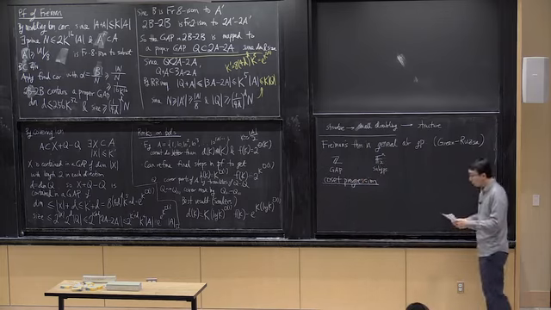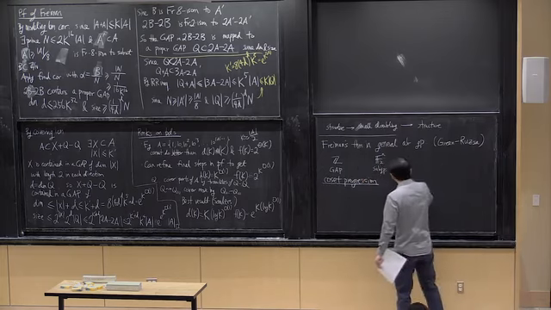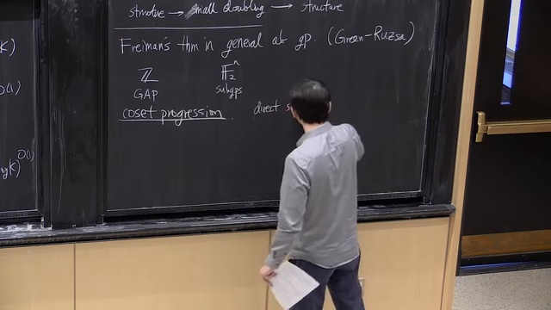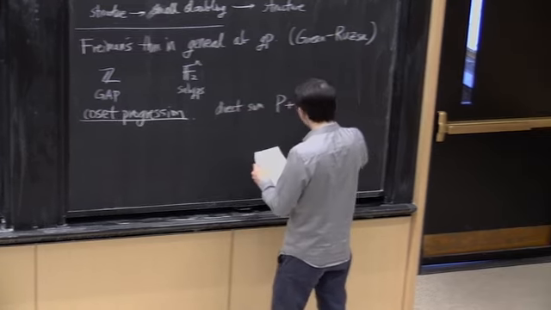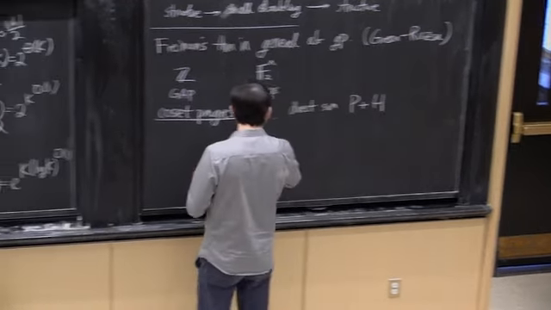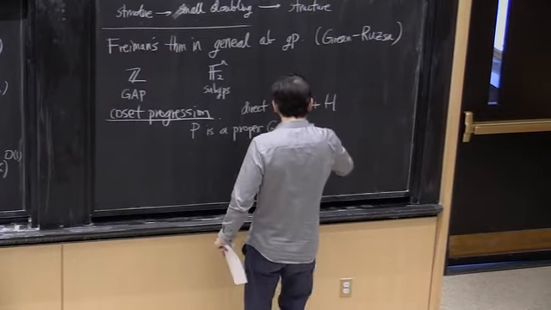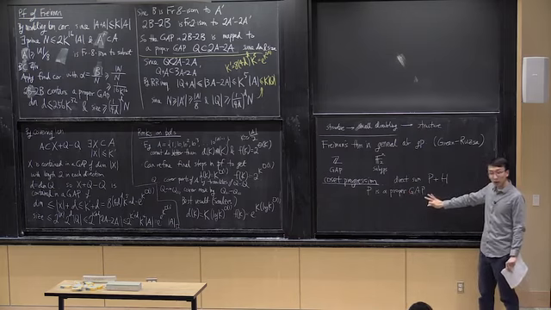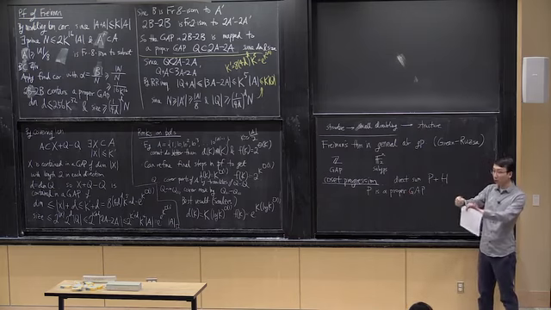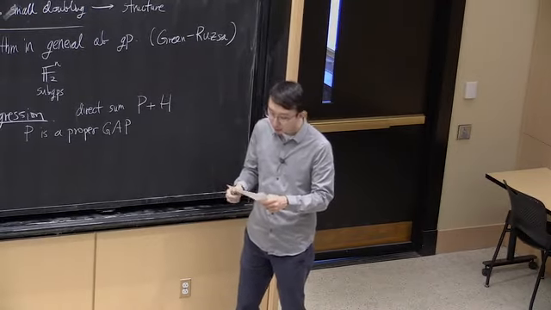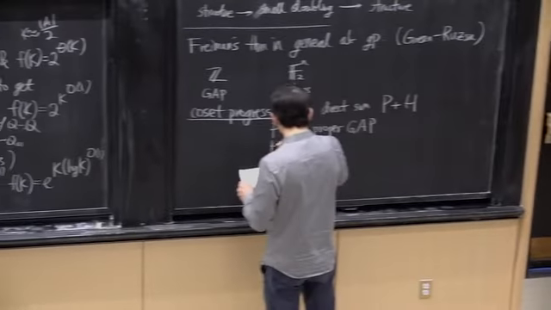So a coset progression is a subset which is a direct sum of the form P plus H, where P is a proper GAP. Okay, so the definition of GAP works just fine in every abelian group. You start with an initial point, a few directions, and you look at a grid expansion of those directions. So P is a proper GAP, and H is a subgroup.